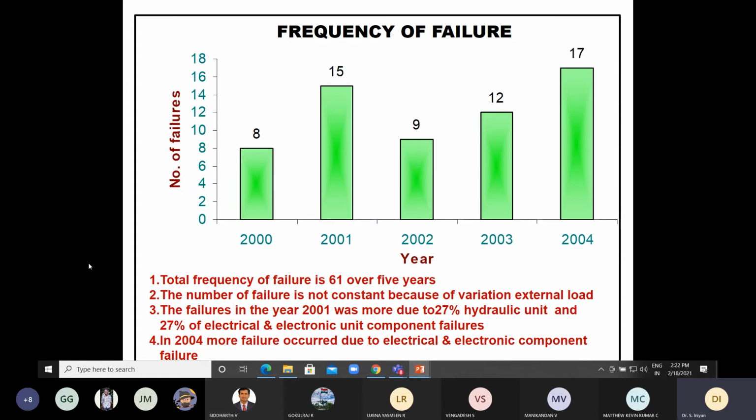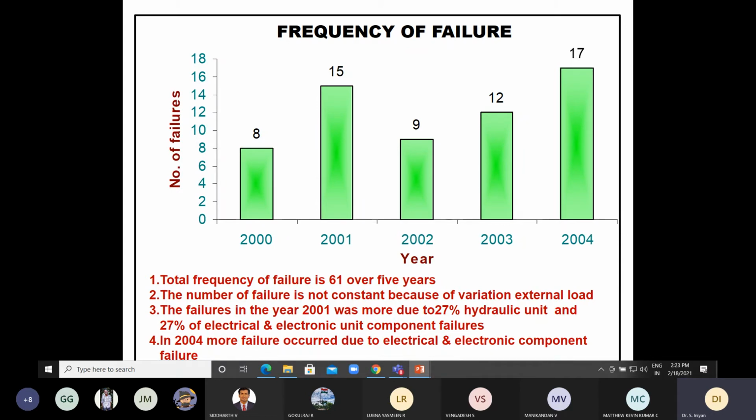So here we see that in the year 2000, 8 failures occurred, in 2001, 15, in 2002 it's only 9 failures, then 3, 12, and in 2004, 17 failures occurred. So your total frequency of failure is 61 over these 5 years.